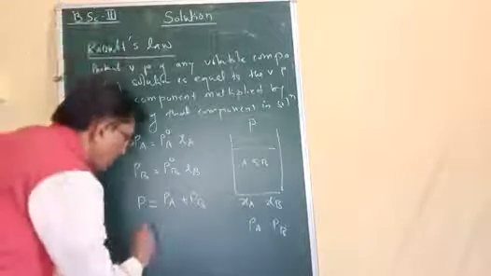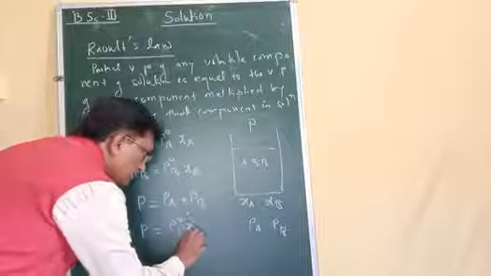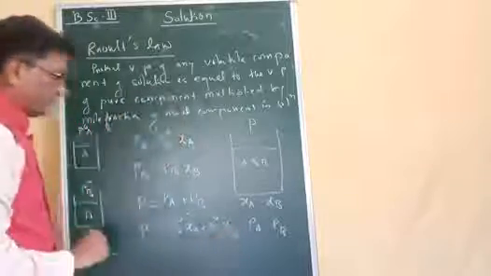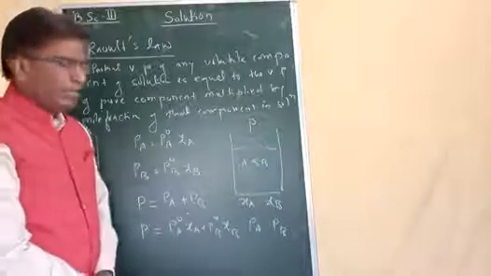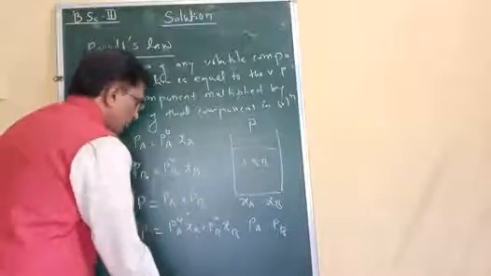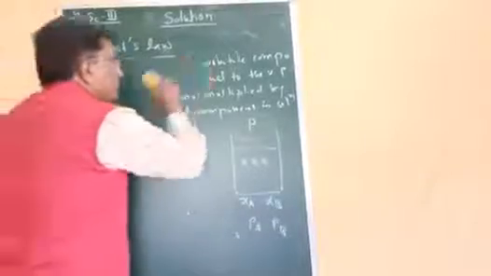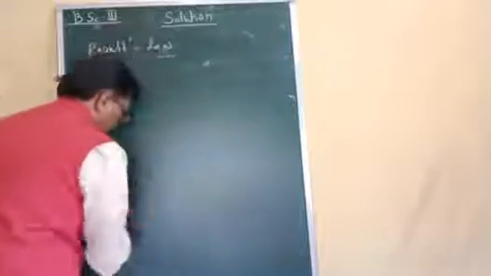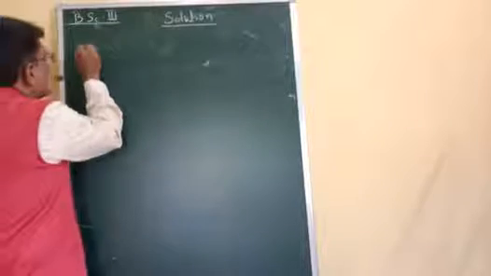And therefore, the observed pressure can be calculated as P0A XA plus P0B XB. And this is all about Raoult's law. Now, according to Raoult's law, solutions can be divided into two types, that is, ideal solutions and non-ideal solutions.